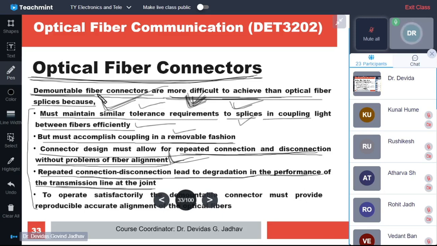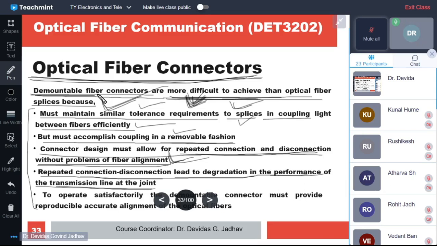All these tolerance requirements are maintained. Then second, it must accomplish the coupling in the removable fashion. Maintaining that tolerance, we can remove it, disconnect it, connect it, disconnect it, connect it, and then also it should maintain this, and this becomes difficult.